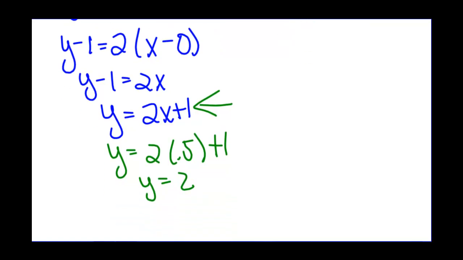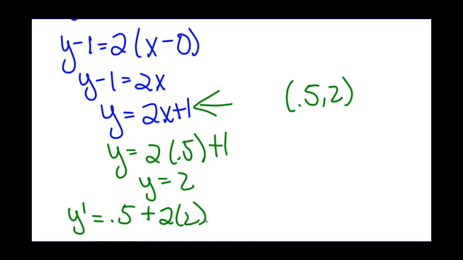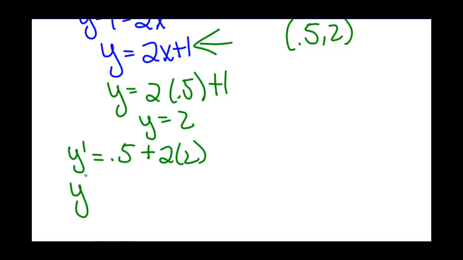Now that we have our x and y, we can find our slope using our differential equation. So y prime equals x plus 2 times y, so y prime equals 0.5 plus 4, which is 4.5. So that's our new slope.